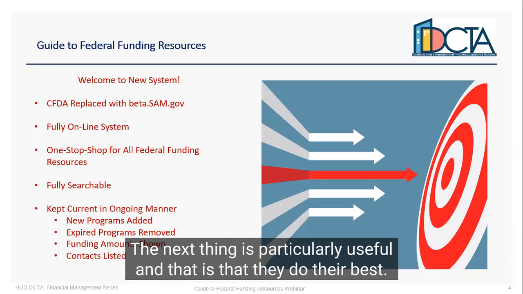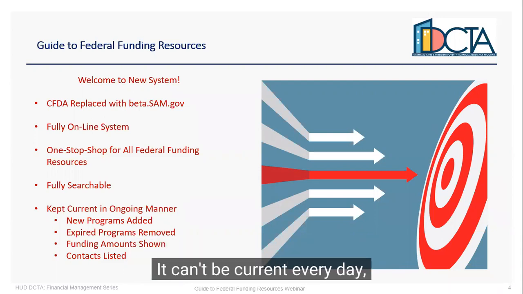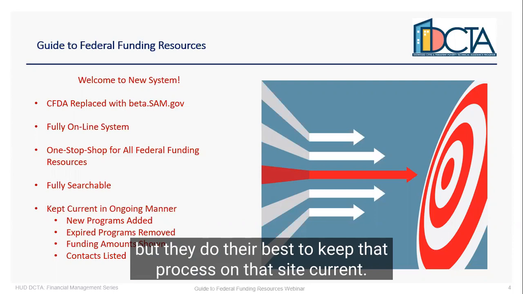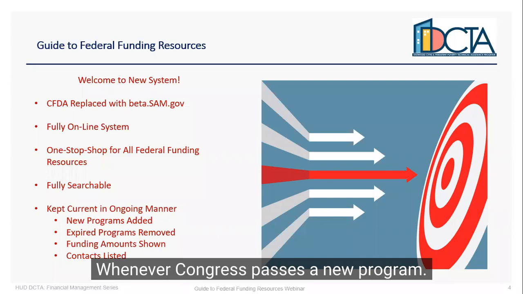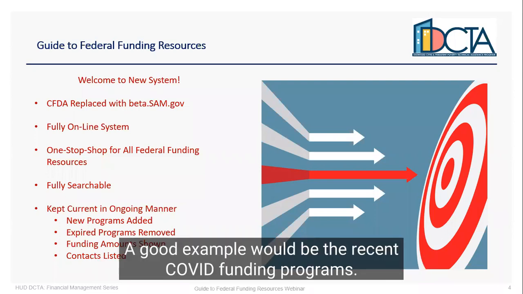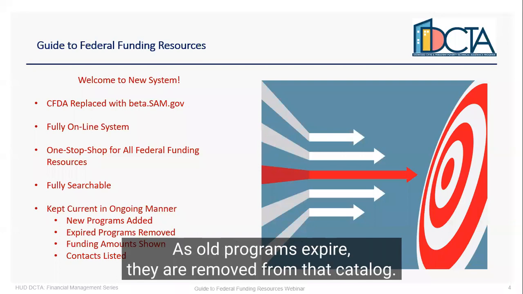The next thing is particularly useful, and that is that they do their best. It can't be current every day, but they do their best to keep that process and that site current. So as new programs are added, they're added to the website whenever Congress passes a new program. A good example would be the recent COVID funding programs. As old programs expire, they are removed from that catalog.